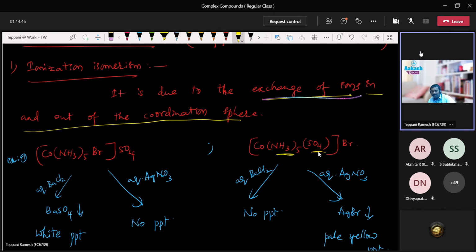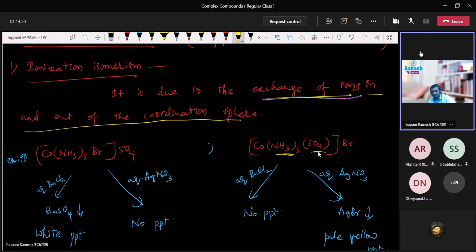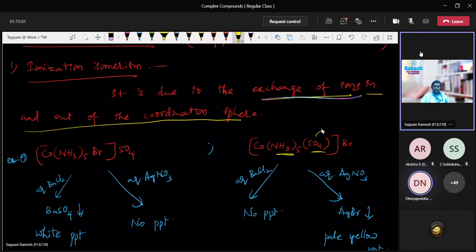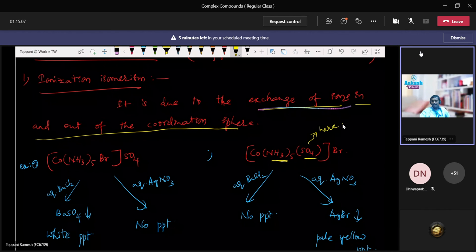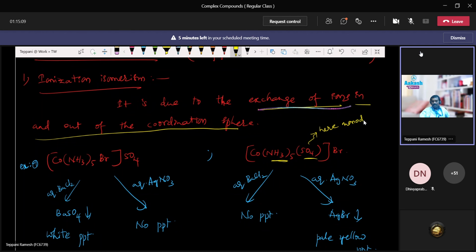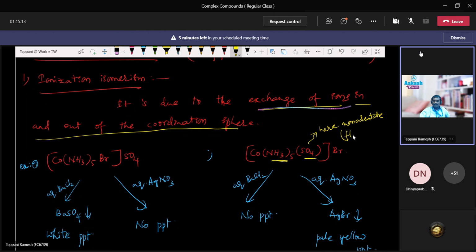Actually sulfate is bidentate, but acting monodentate here. If bidentate, cobalt plus 3 coordination number becomes 7. But only 6 is the coordination number. Why? Because the sulfate group here is monodentate. So it is called flexidentate.